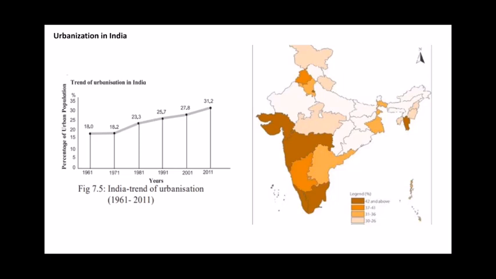Like if you see in Delhi, Indraprastha, which was earlier called that, okay, then we have Harappa, we have Mohenjo-daro, we have Ujjain, we have Paithan, which is in Maharashtra, are the urban centers of earlier times.